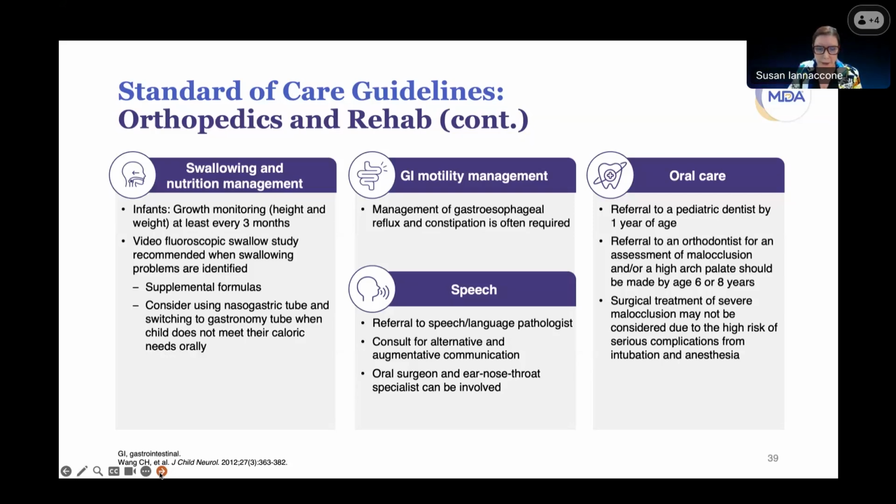Many of the patients have abnormalities of speech, not language, but speech. So Zuri showed you pictures of the facial deformities and the jaw deformities that result from the weakness of those muscle groups. And this interferes a great deal with the patient's ability to communicate verbally.